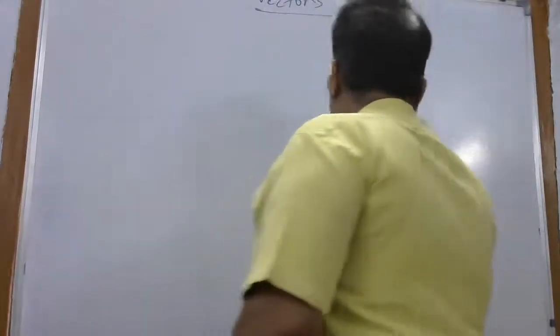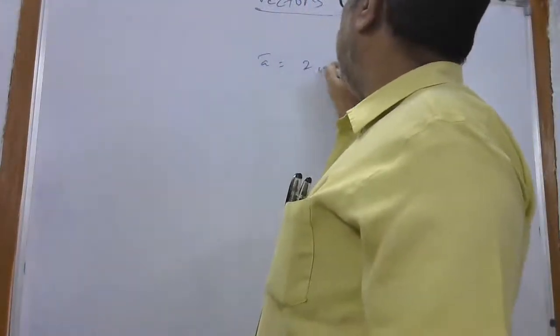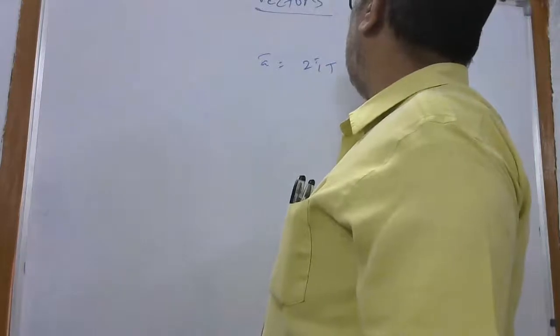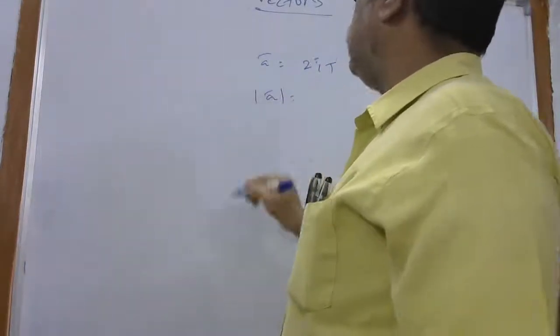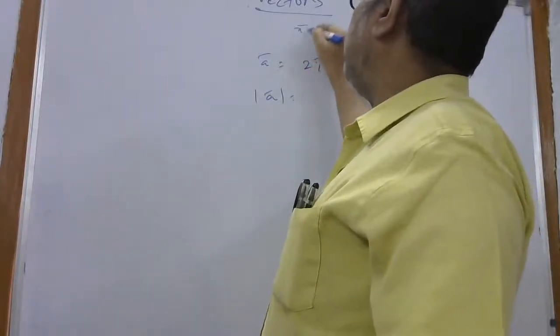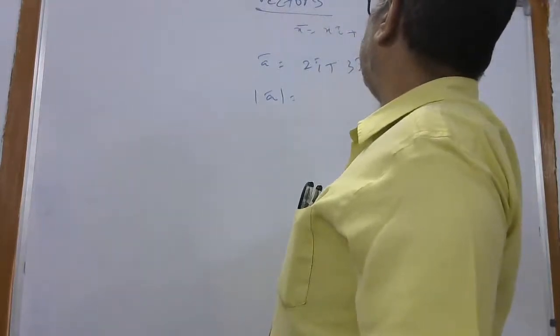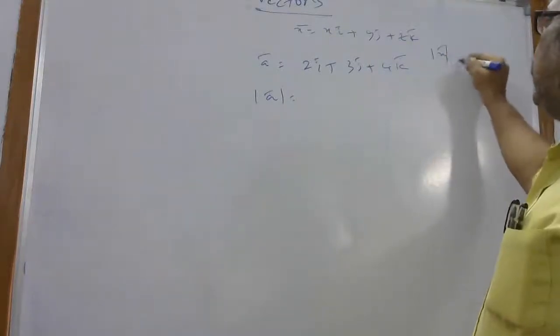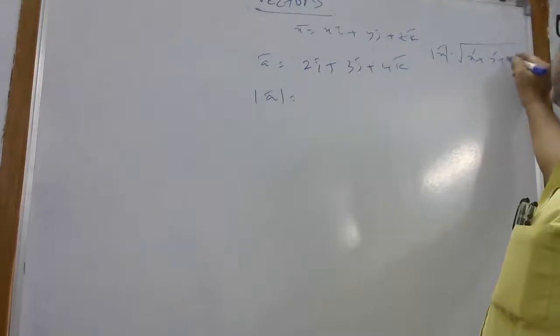Now let us see. Suppose A bar is equal to 2i bar plus 3j bar plus 4k bar. I want mod A bar, the modulus. Suppose x bar is equal to x i bar plus y j bar plus z k bar. Then mod x bar is nothing but the square root of x square plus y square plus z square.